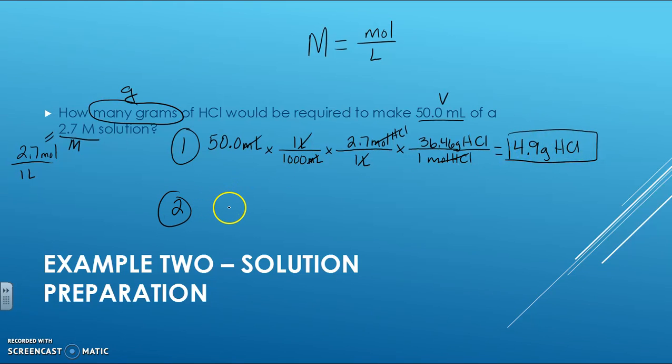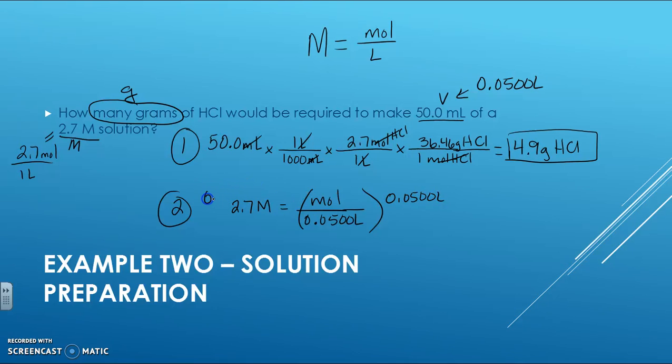The other way is algebraically. So we know that we have 2.7 molarity, moles on top and liters on bottom, but this needs to be in liters, and that would be the same thing as 0.0500 liters. We multiply both sides by 0.0500 liters on the bottom, and then moles would be equal to, let me solve for it real quick, 0.135 moles of HCl.